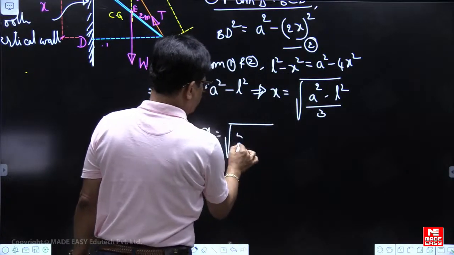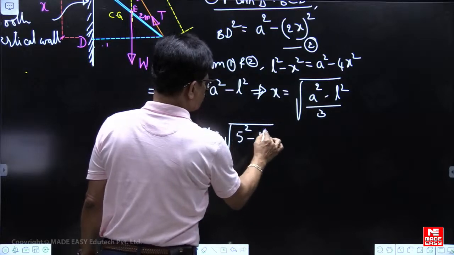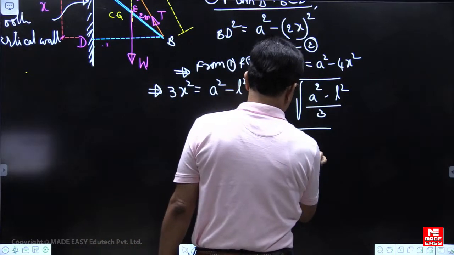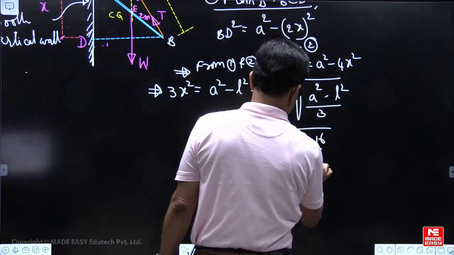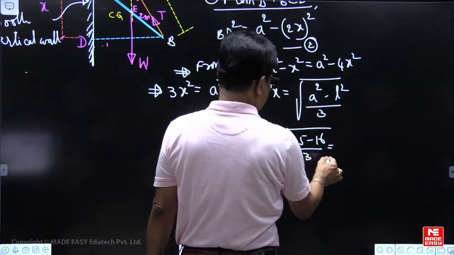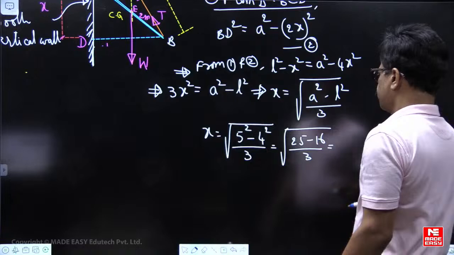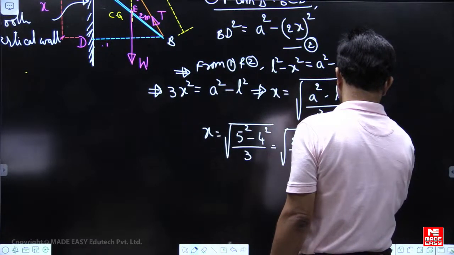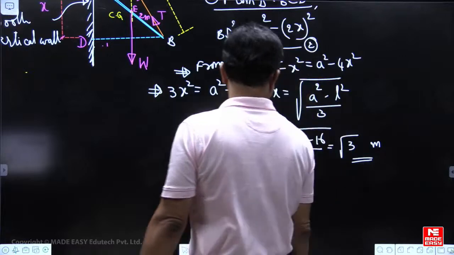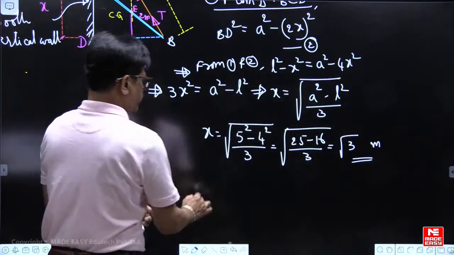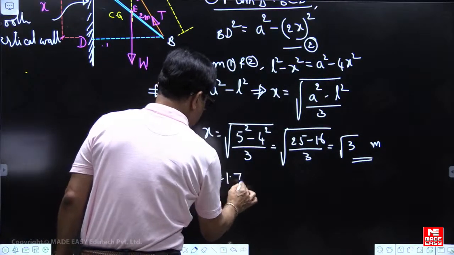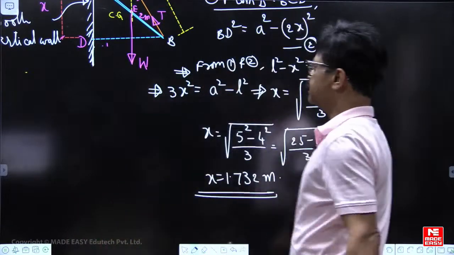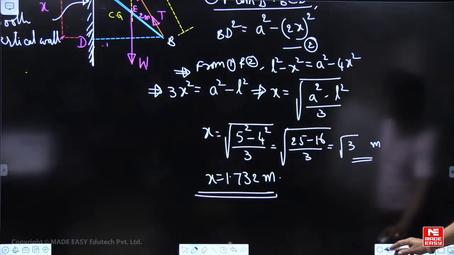A is 5 meters, 5 square, this is 4 square by 3. Nine by 3. 9 by 3 means 3. So x you will get root 3 means 1.732 meters. This is the value of x at which it will be in equilibrium.